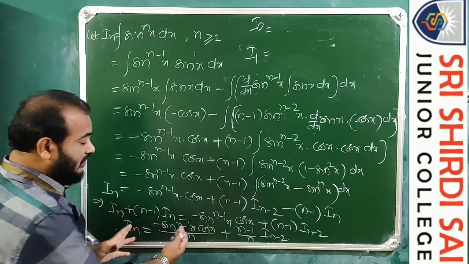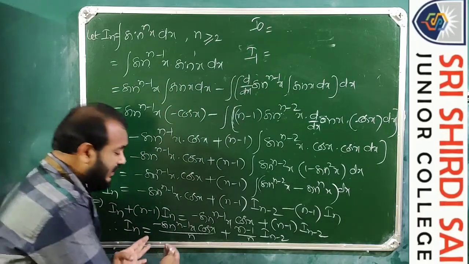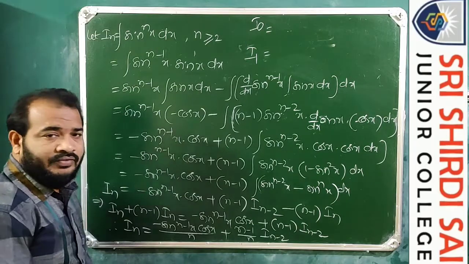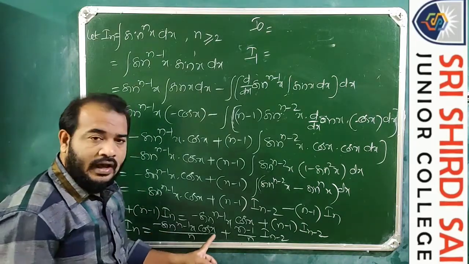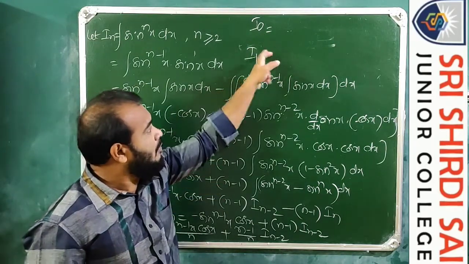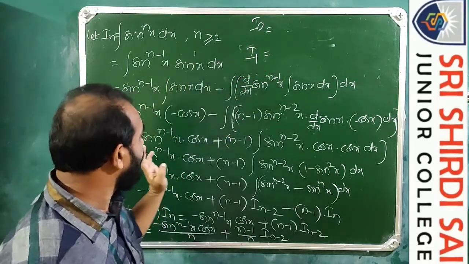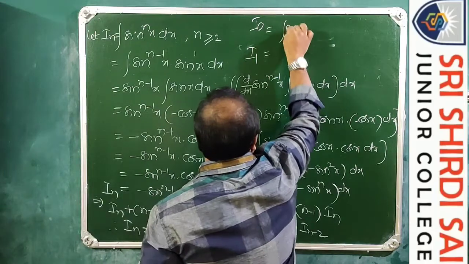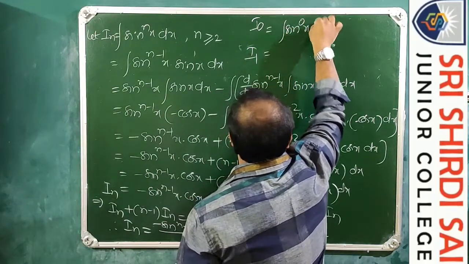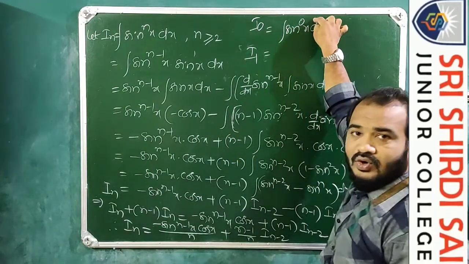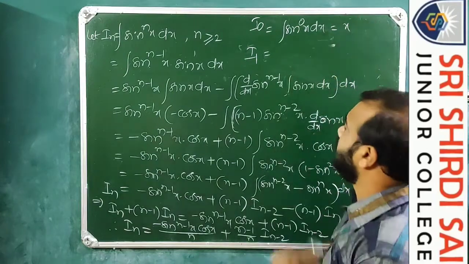Therefore the reduction formula will not be applicable, because 0 and 1 are less than 2, not greater than or equal to 2. So sin^0 x dx: anything to the power of 0 is 1, and the integral of 1 dx is x.